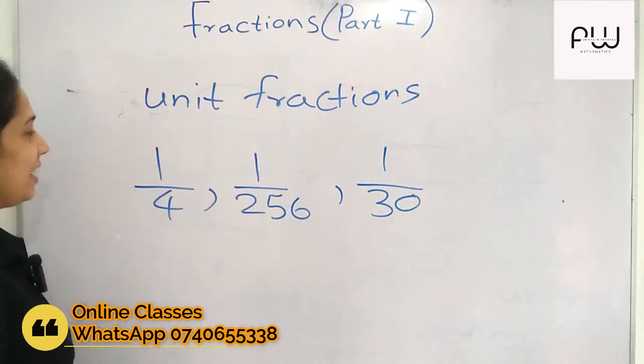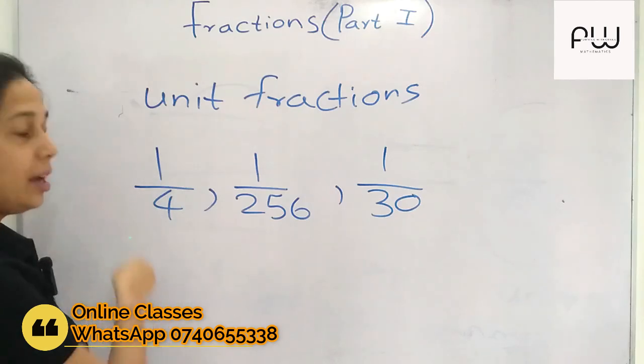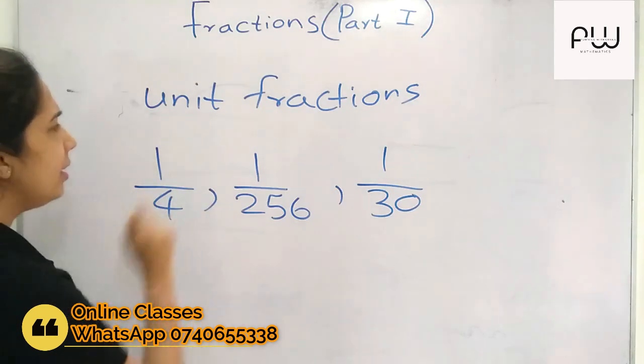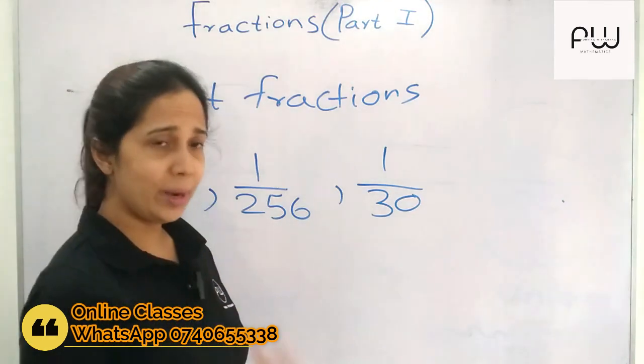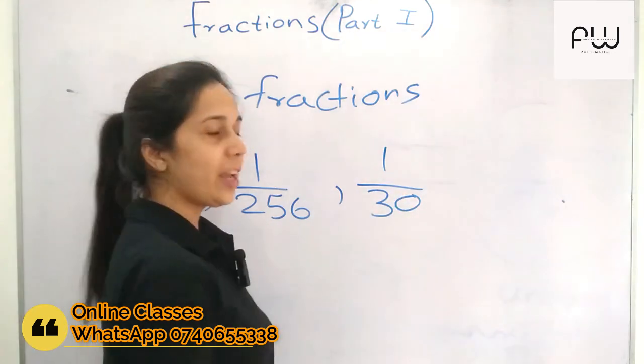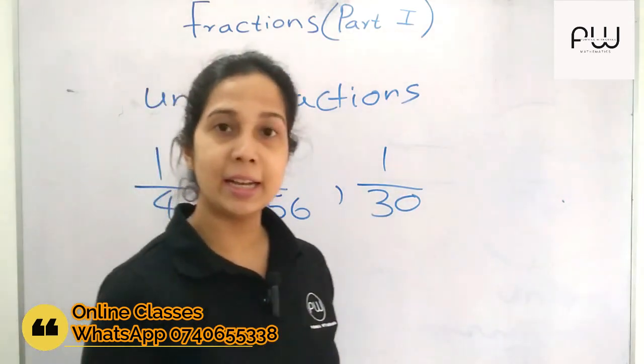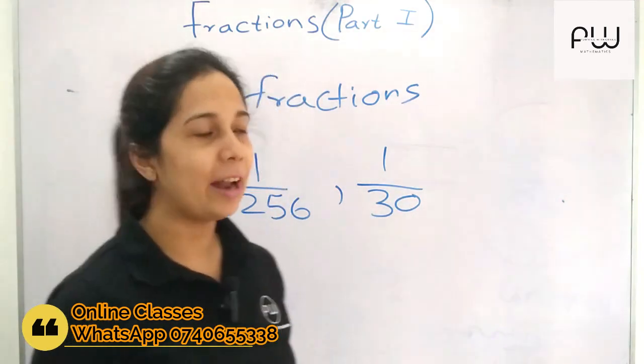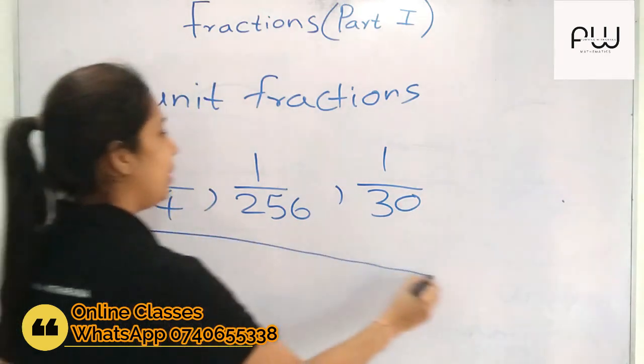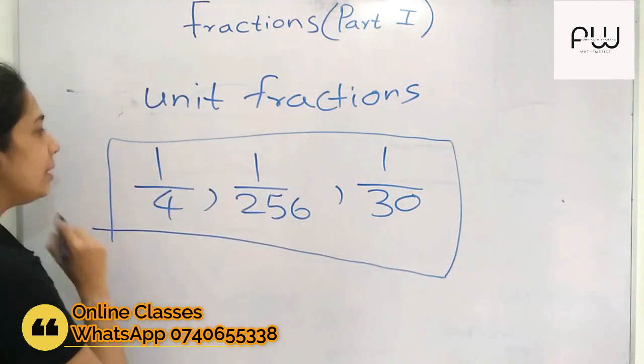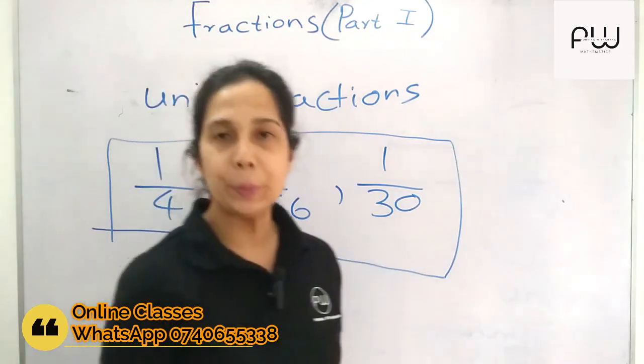Look at here. What is the numerator? Numerator is 1. Here, the numerator is 1. In the last fraction also, the numerator is 1. You can see all the numerators are equal to 1.